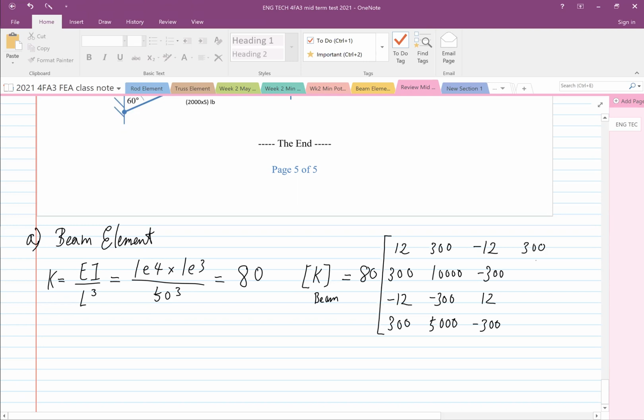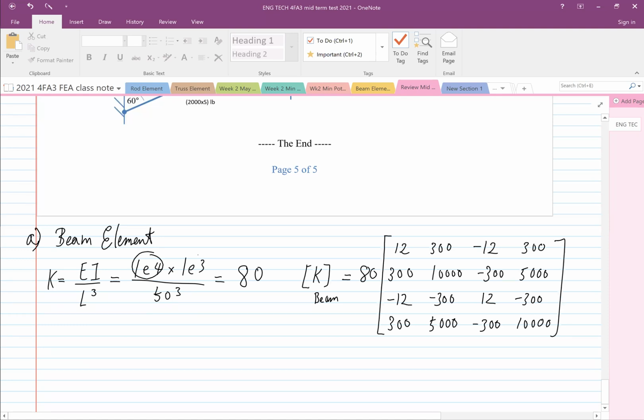You know what? I just thought of a good idea. I am doing this by hand, but since you learned how to deal with a matrix with an Excel spreadsheet in the 2D elements, you may set up a good Excel spreadsheet to help you create the stiffness matrix.